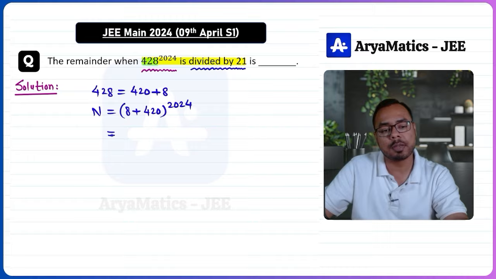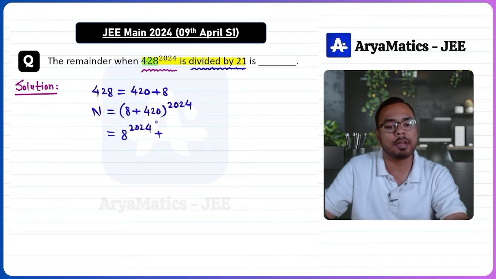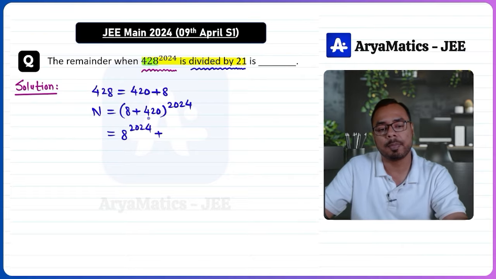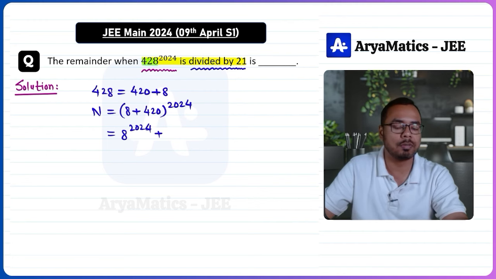Now if I expand it using the binomial theorem, you will get 8 raised to 2024, and after that all the subsequent terms, right? The second term will contain 420, the third term will contain 420 squared, and so on. So only this first term, which is 8 raised to 2024, is not a multiple of 420.